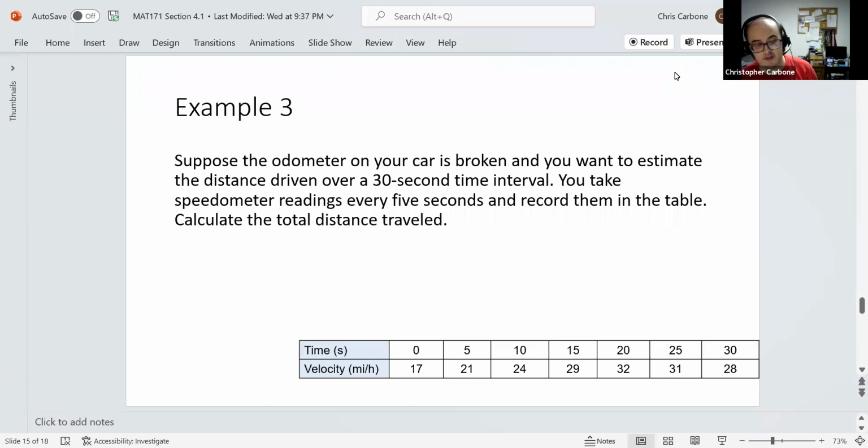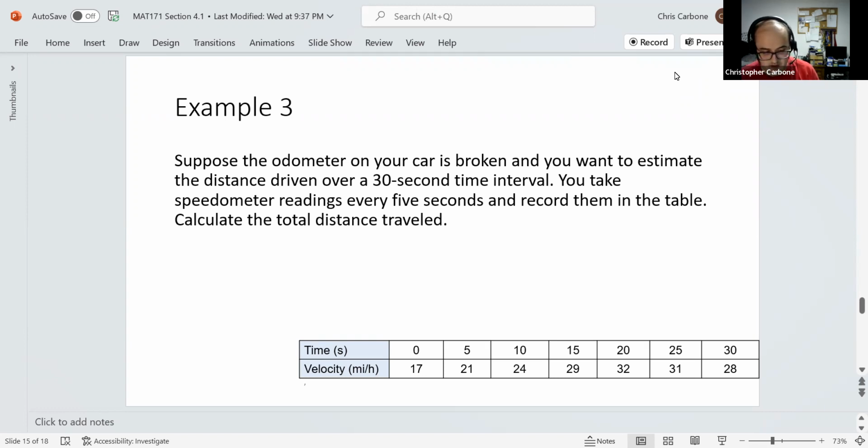That's, of course, an assumption that we would have to make. For this third example, we suppose the odometer on your car is broken and that you want to estimate the distance driven over a 30-second time interval. You take speedometer readings every 5 seconds and record them in the table. And we want the total distance traveled. So we have time going from 0 to 30 and each of the velocities.